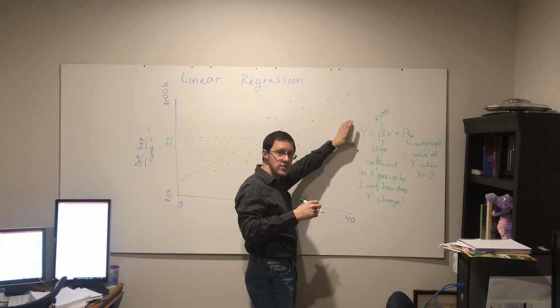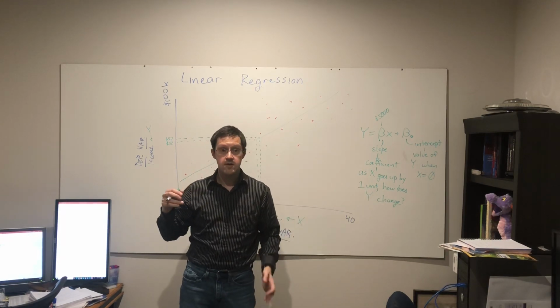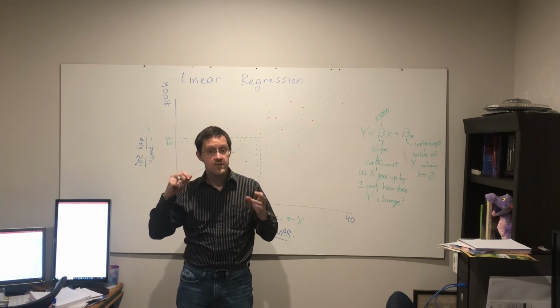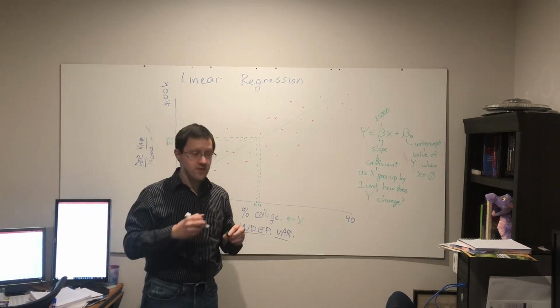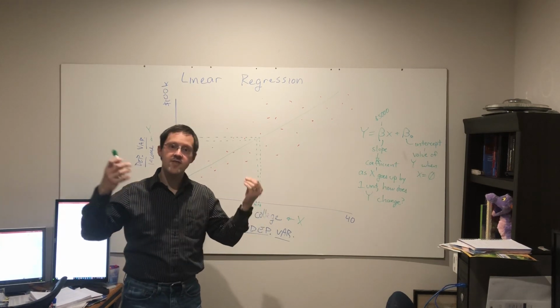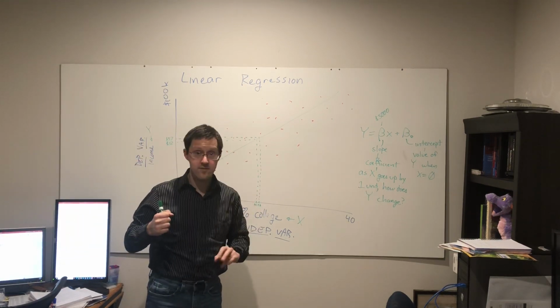I can essentially do this with any line here. That still doesn't get me to linear regression itself. There are some special properties of that line which allow us to say it is the best possible line to go through those points.